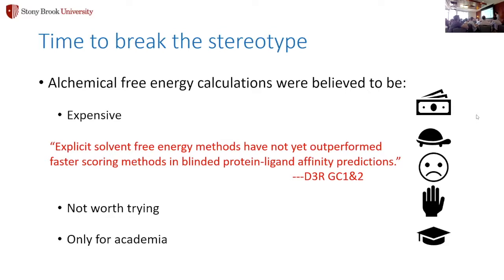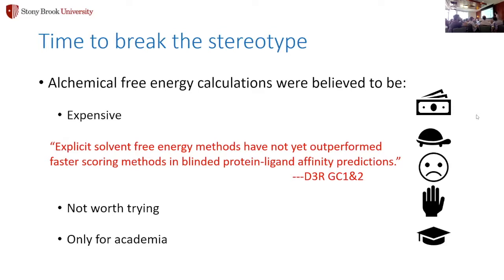All right. So one of the biggest barriers is people's stereotype. People are just not willing to try that and to invest into the development of more useful techniques. So I will try to convince you of what has changed in alchemical free energy calculations in recent years.